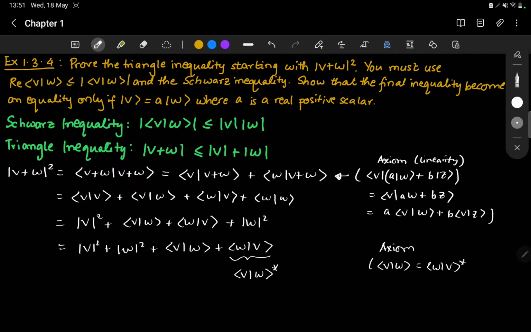It states that W projected on V is the complex conjugate of V projected on W. So this is the property of skew symmetry. So this is another axiom. Using this axiom, we will get this. Now let us proceed.